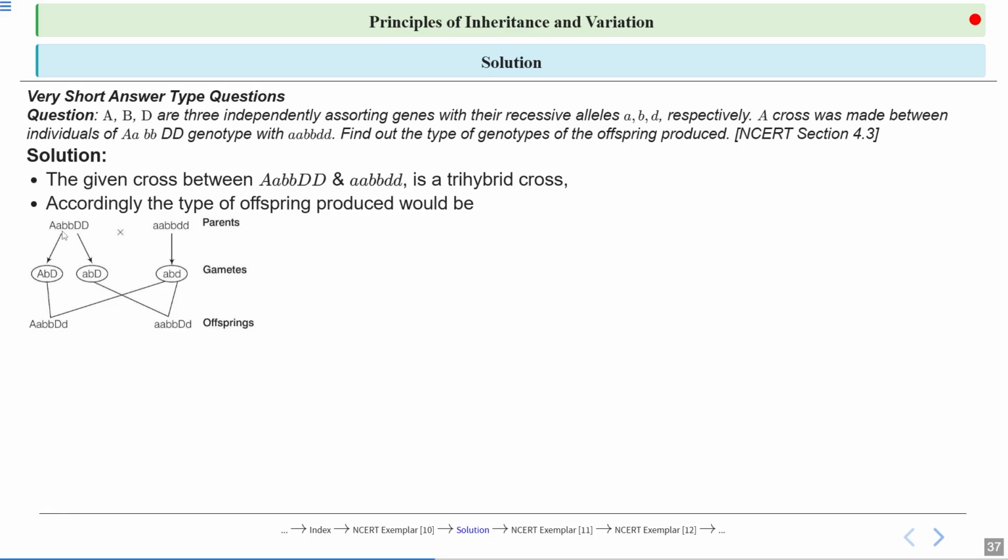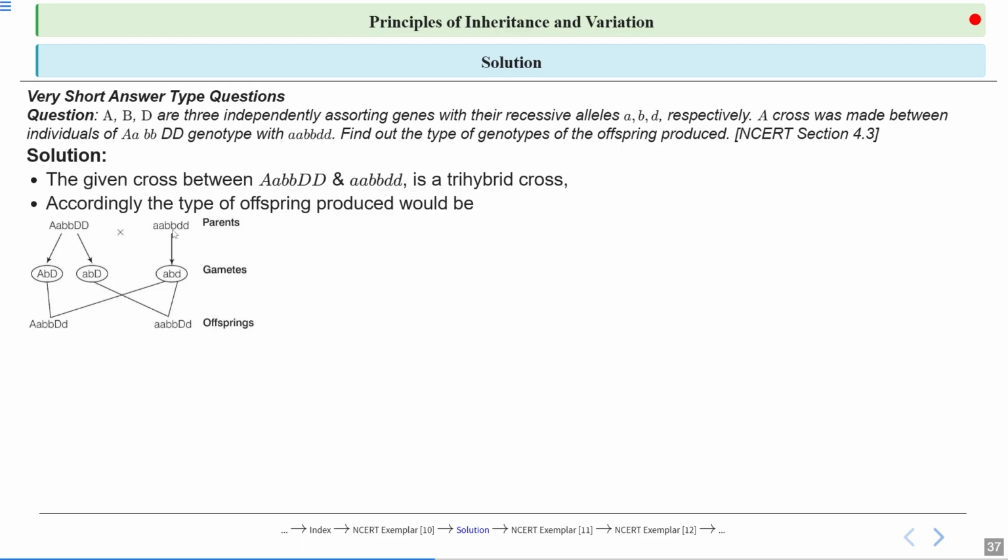You can calculate the gametes with the formula 2 raised to power n, where n is the number of heterozygous pairs. In the first parent, having the genotype capital A, small b, capital D, there is only one heterozygous pair, so it will produce only 2 gametes. And the other parent, which is homozygous recessive for all three genes, has no heterozygous pair. All are homozygous recessive.